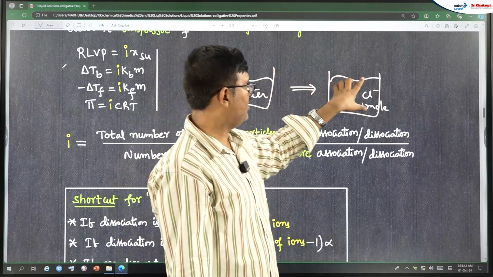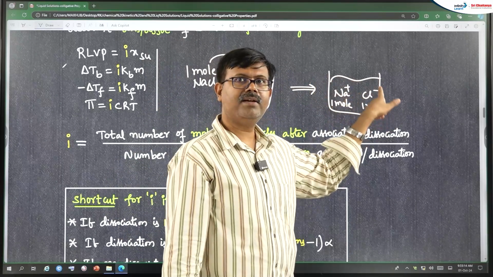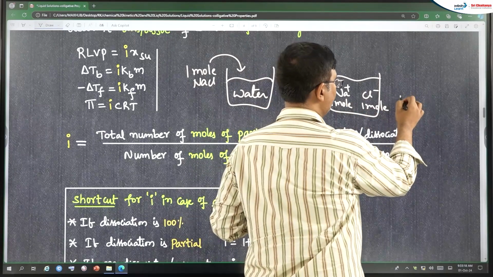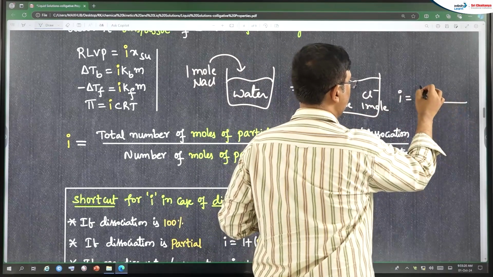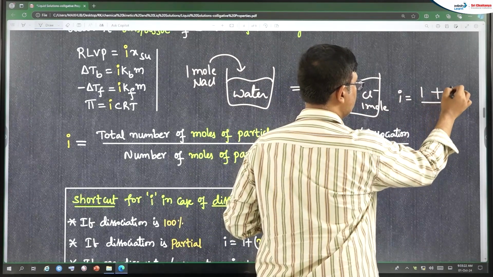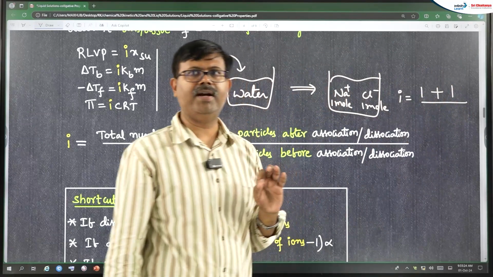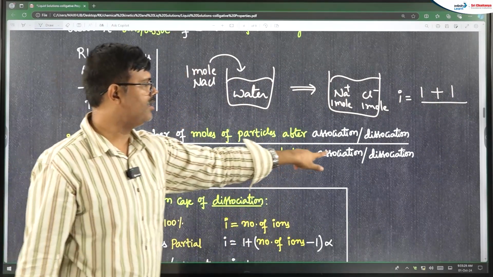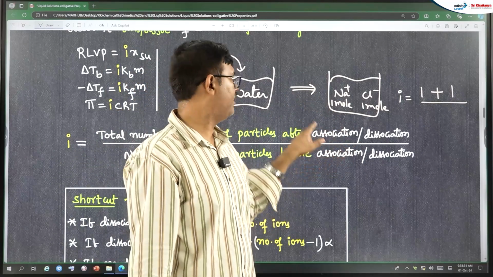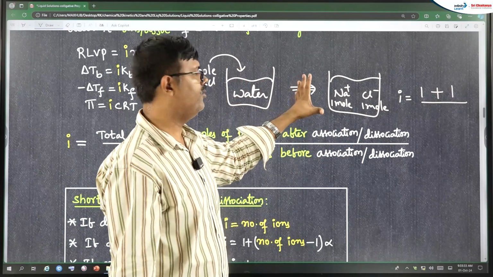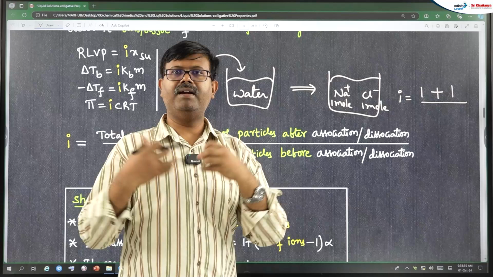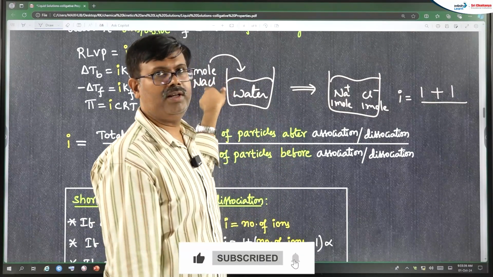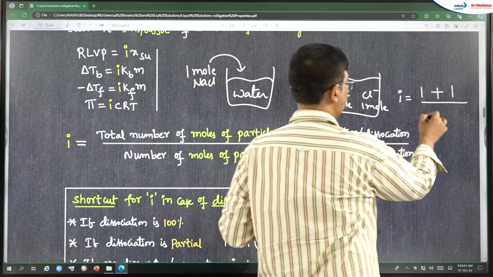After dissociation, how many total particles are present in the solvent? 1 plus 1. So Van 't Hoff factor is 1 mole of Na plus 1 mole of Cl minus, divided by, before dissociation, how many moles of solute originally? 1 mole.